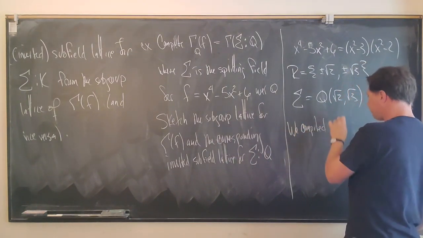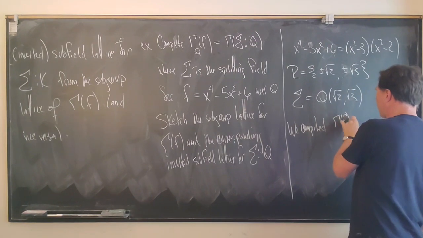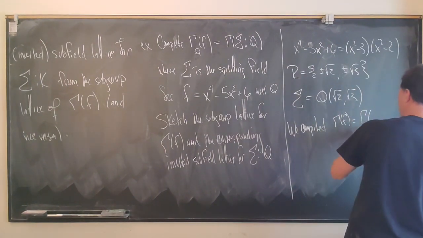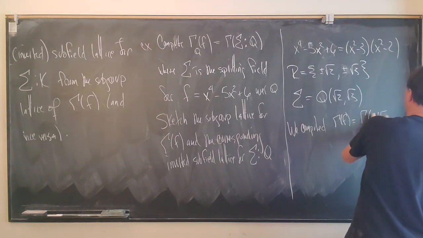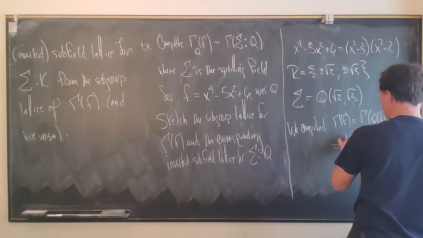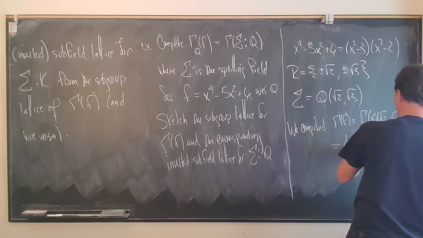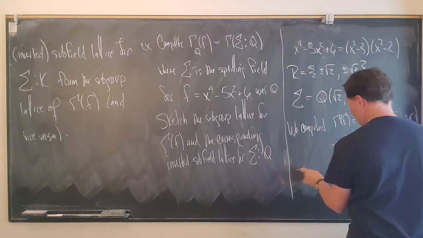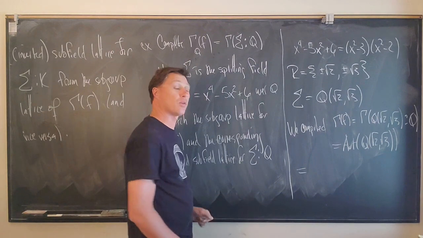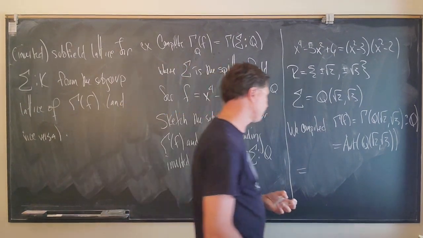So we computed Γ(f), which is Γ of Q adjoin √2, √3 over Q. Sorry, I'm out of room. That was just Q adjoin √2, √3. And we saw that it had order 4, and it turned out to be isomorphic to Z2 ⊕ Z2.